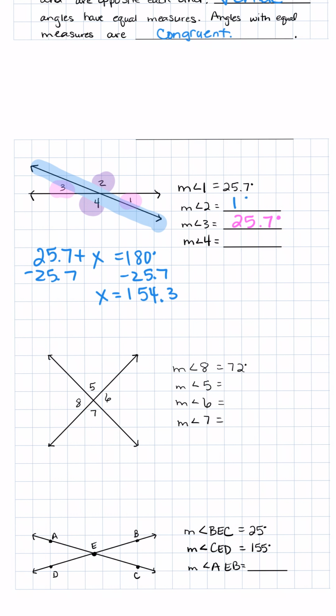So measurement 2 is 154.3 degrees and measurement 4 is 154.3 degrees because they are congruent. Okay, so why don't you please try the next 2 on your own.